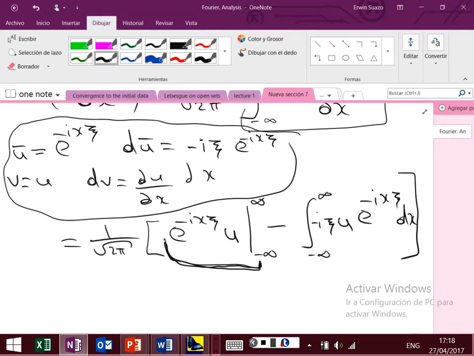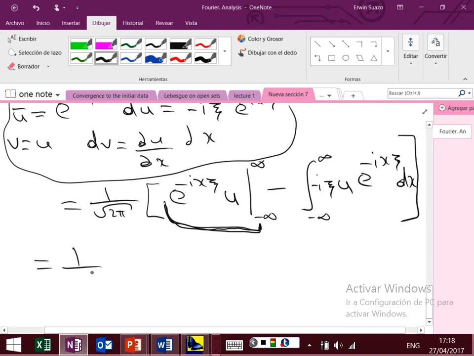In the best scenario, it looks oscillatory. So maybe when I take the absolute value, the limit can go to zero if what? What would be nice? That u at infinity is what?